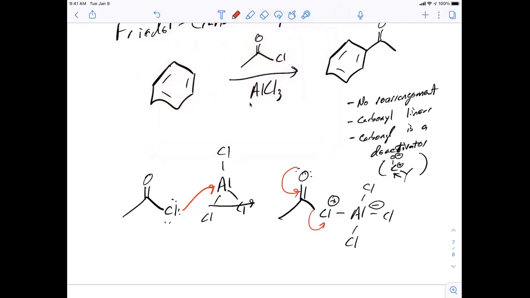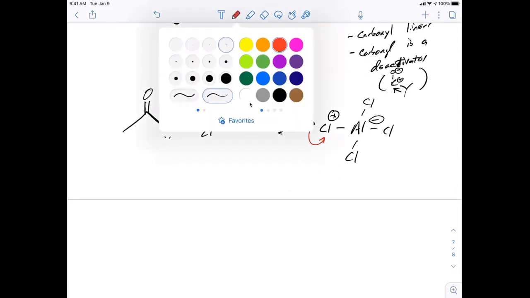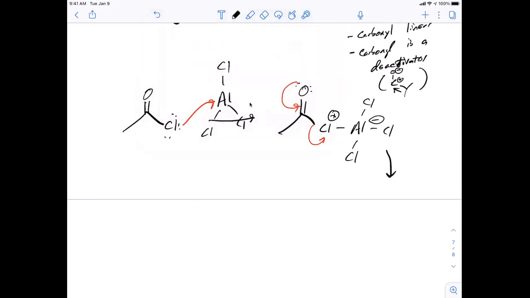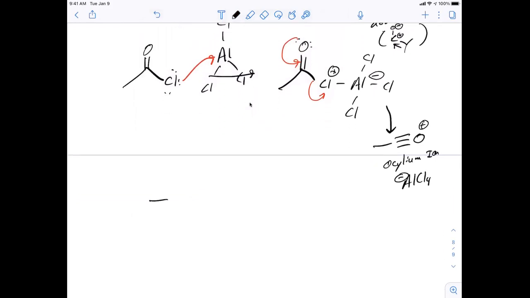So these electrons come down, kick that off. That results in this acylium ion, and then the AlCl4 minus. This is the acylium ion. We can draw it this way, but it also has a resonance structure. We take these electrons.